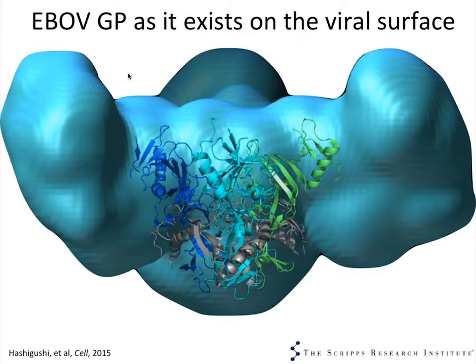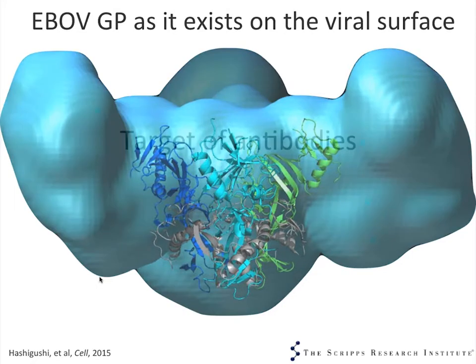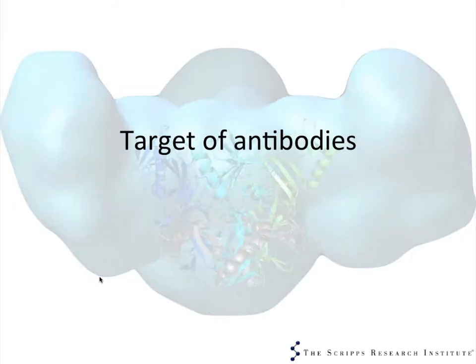We don't actually know what the mucin-like domain looks like, but from solution scattering experiments, we can see that Ebola virus, as it exists on the virion surface, is composed of a proteinaceous core that's surrounded by these heavily glycosylated regions.